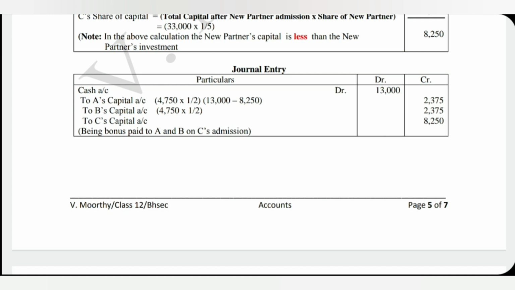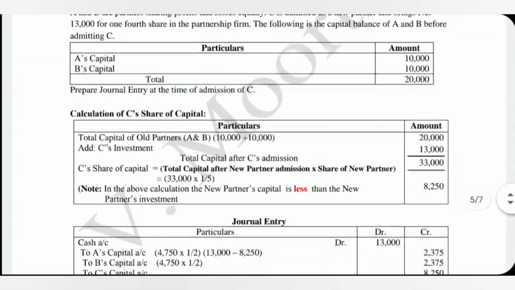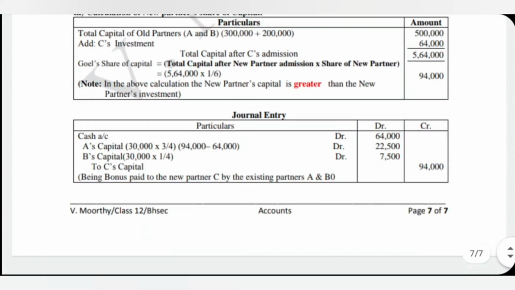The profit sharing ratio is equal, that is, they share profits and losses equally. So 4,750 times half equals 2,375 for A, and also for B 4,750 times 1/2 is 2,375. This is the way the entry has to be passed under the method when the new partner's capital is less than the new partner's investment.